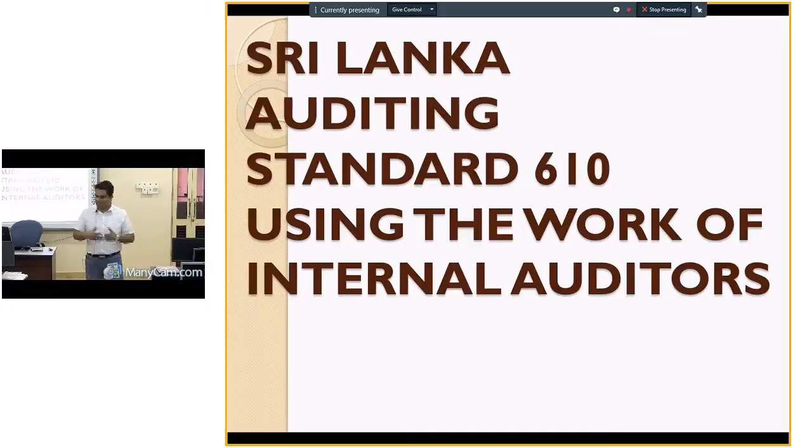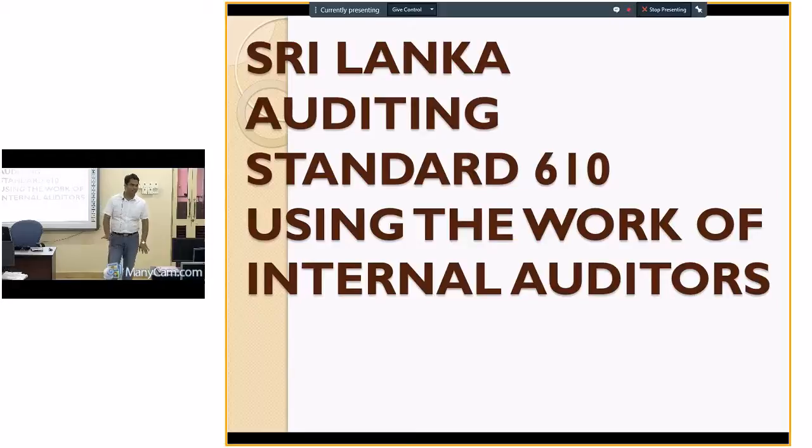So you can use the internal auditor's work. You can get support from the internal auditors for your external audit purpose, but you can't refer to that, and your responsibility won't be reduced since you have used the internal auditor's work. But practically, if you are using the internal auditor's work, it will be very helpful for your risk assessment, for your workings, to check the test of controls and everything.